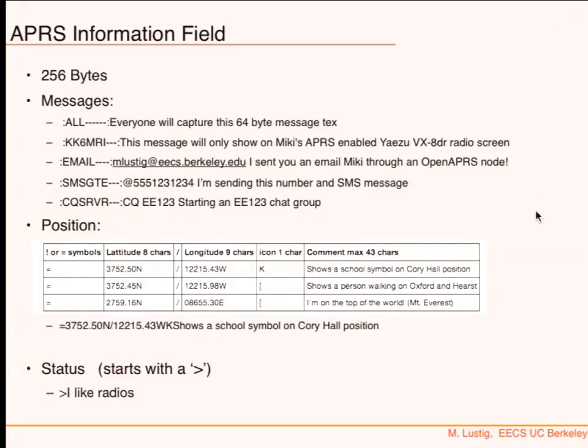Okay, so the types of messages. Am I doing okay on time? Yeah, I'm good. A message starts with a colon. That's how you know it's a message type. Then you say who you want to send it to. So if you say all, you use 0 pad up to 9, I think.